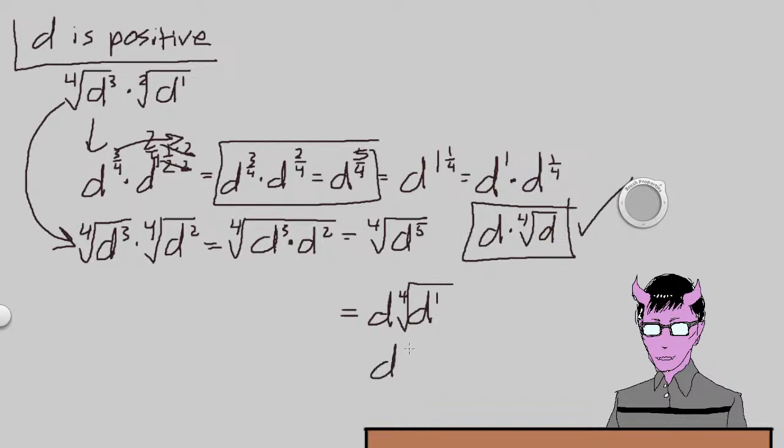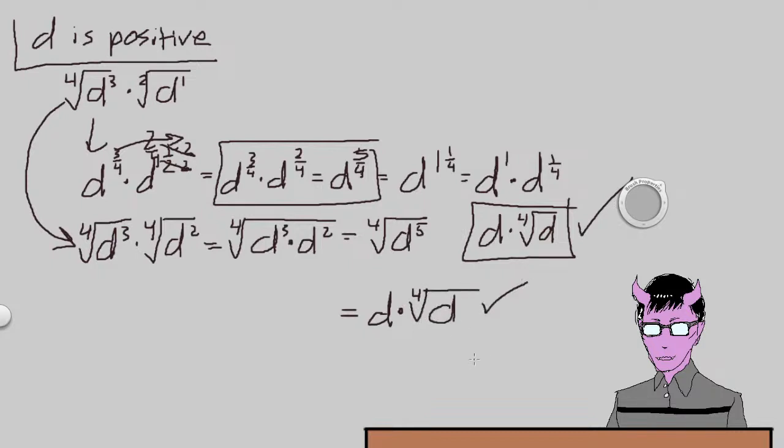Other people like to put this hook part right here really exaggerated, which again looks really awkward to me. I really don't like this. This is not my preference. So multiplication and then 4th root, we'll do it like this. And that's your final answer.